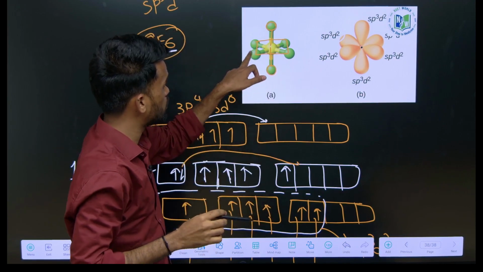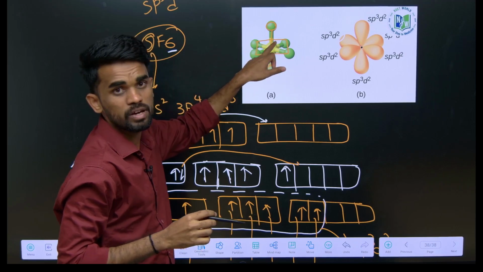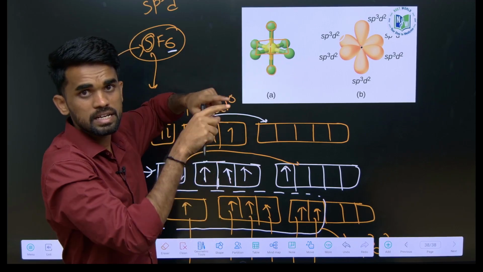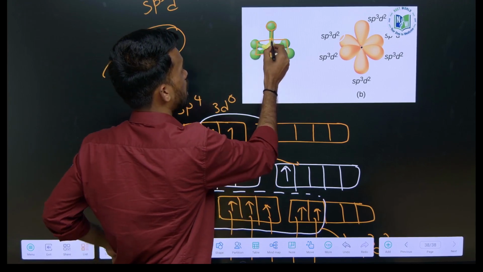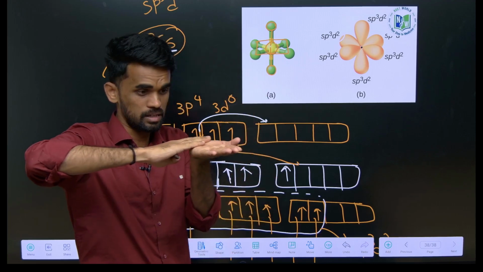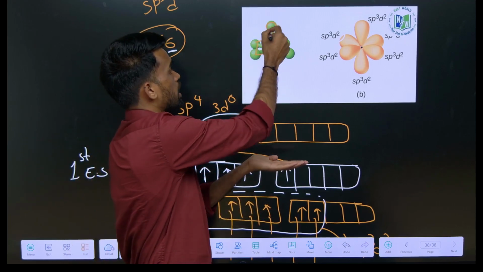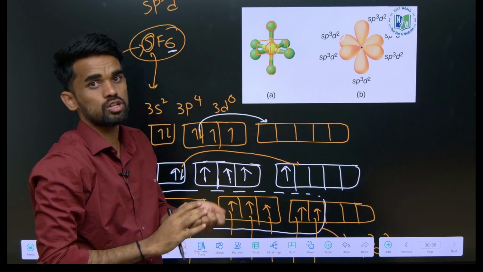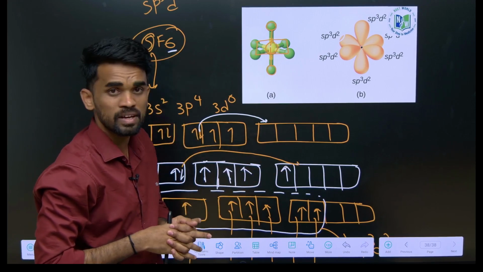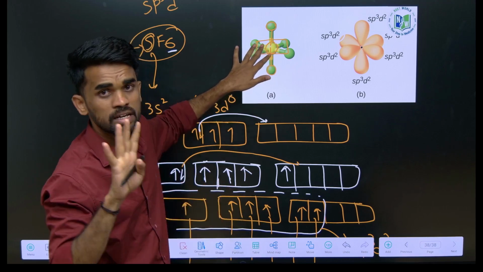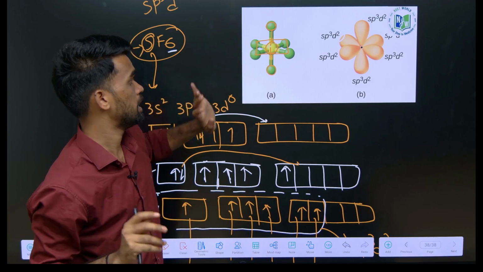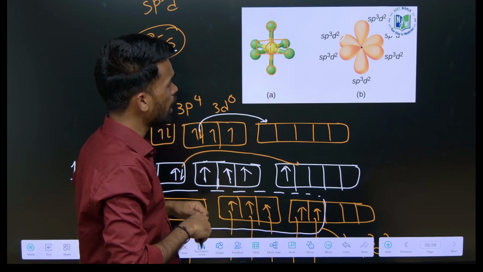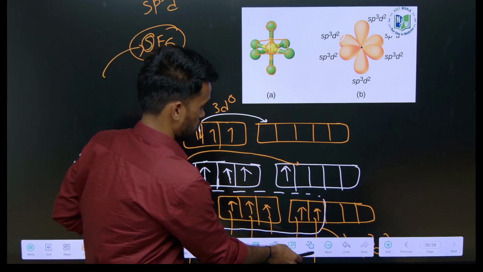Those atoms in the square and the central atom will lie in one plane, and the above and below atoms will lie above and below the plane. So how many atoms are within the plane? 5 atoms are within the plane and 2 are out of plane. Okay, I hope this is also clear.